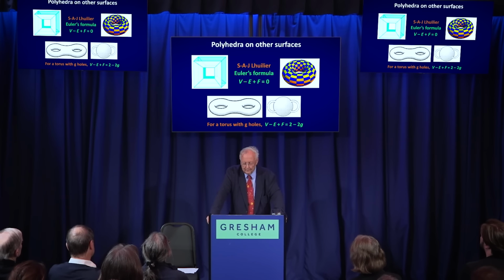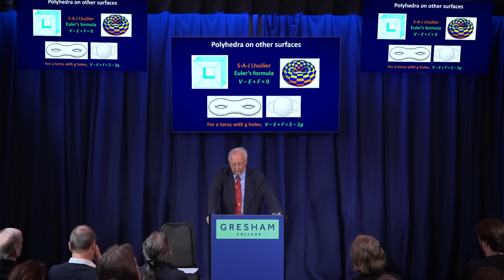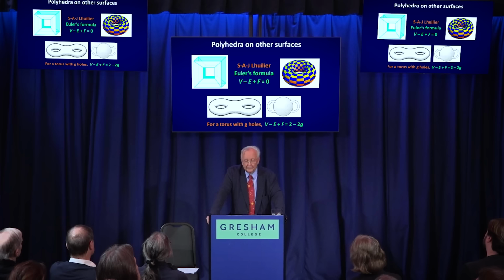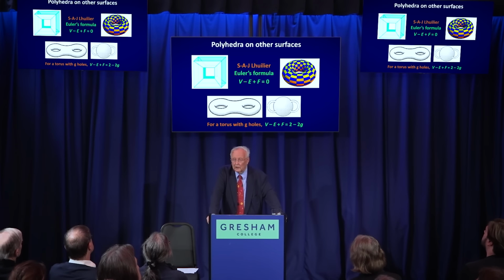For example, the polyhedron on the left has 16 vertices, 32 edges, and 16 faces, and 16 minus 32 plus 16 equals 0. And in fact, whenever we create another tunnel, the value of v minus e plus f decreases by 2.